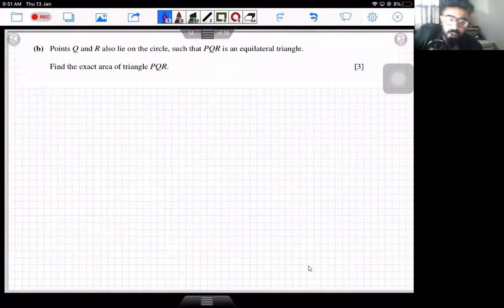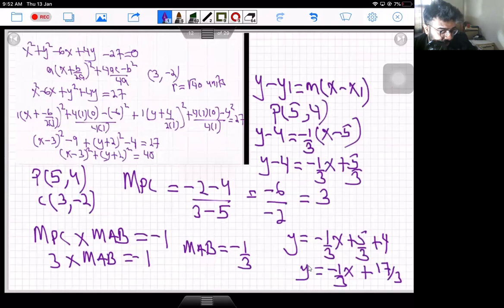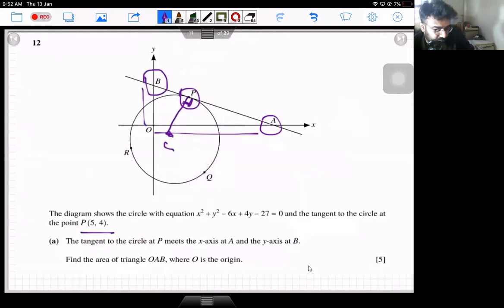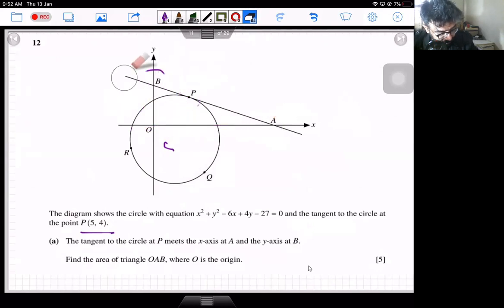Part B is saying that points Q and R also lie on the circle such that PQR is an equilateral triangle. Find the exact area of triangle PQR. Okay, so as we can see, the coordinates Q and R are actually lying on the circle, and this triangle PQR is an equilateral triangle.